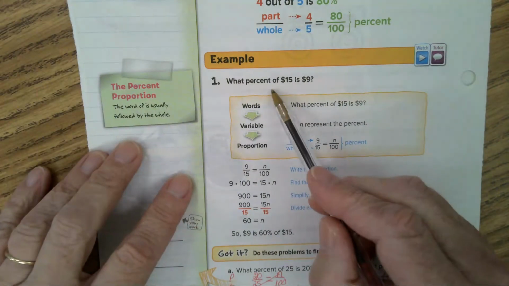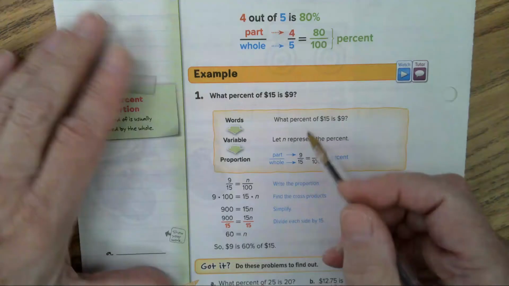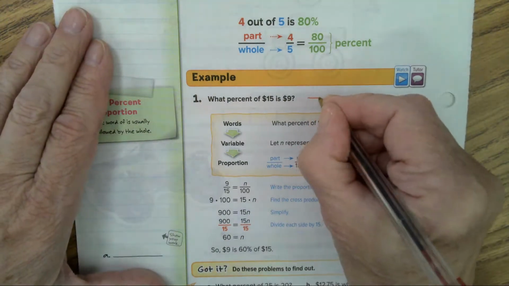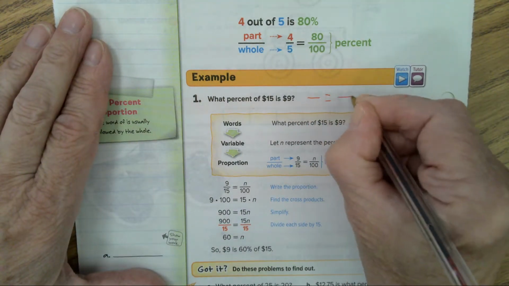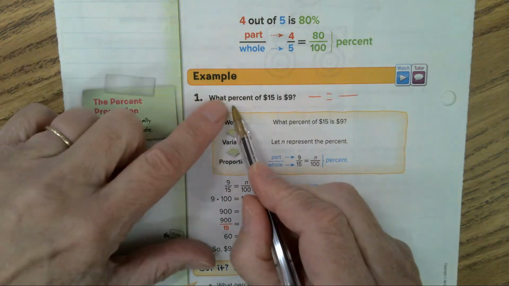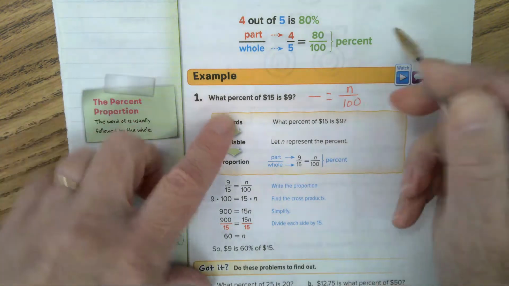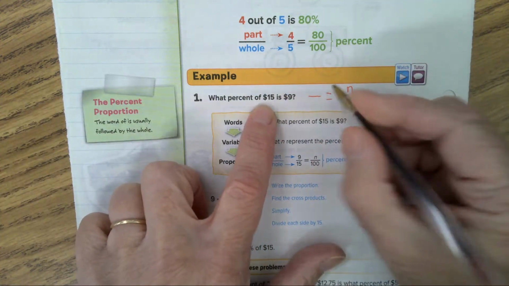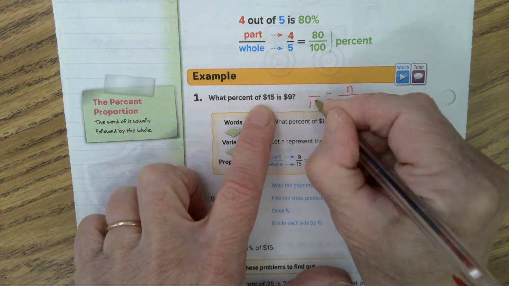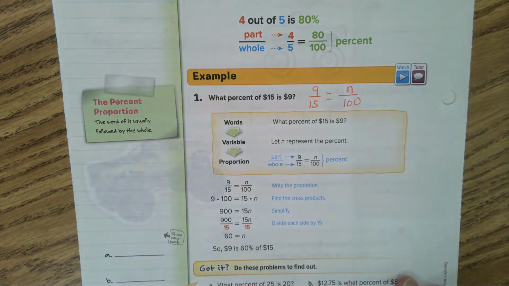What percent of 15 is 9? Okay, let's write this over here. Set it up like this. I always do this first. What do I have? I don't know my percent. So I'm going to put, that's the mystery, N over 100. 15 is my total, or the whole, and 9 is the part. See how we set that up? Everyone should have that written in your book.